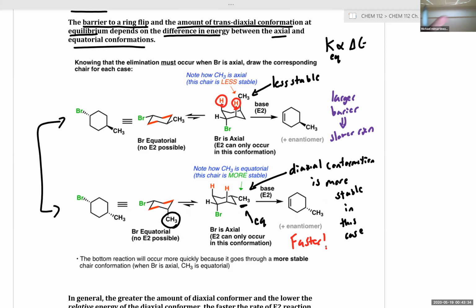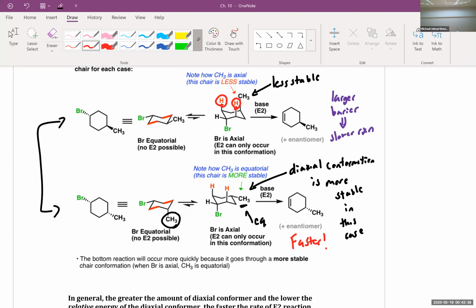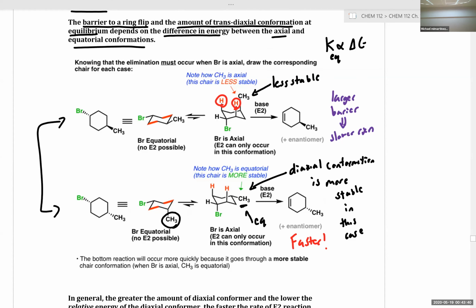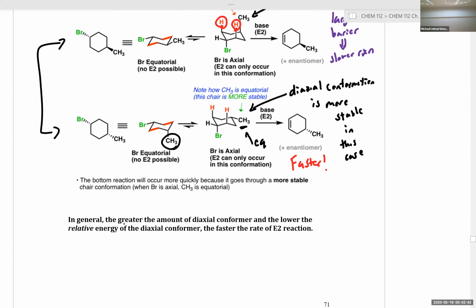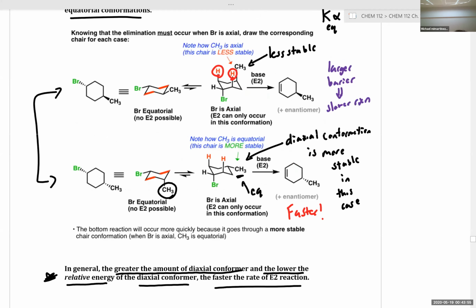Is everyone comfortable with this idea? Okay, so in general, the greater the amount of the diaxial conformer and the lower the relative energy of the diaxial conformer, the faster the rate of E2 reaction. So again, these make great test questions.